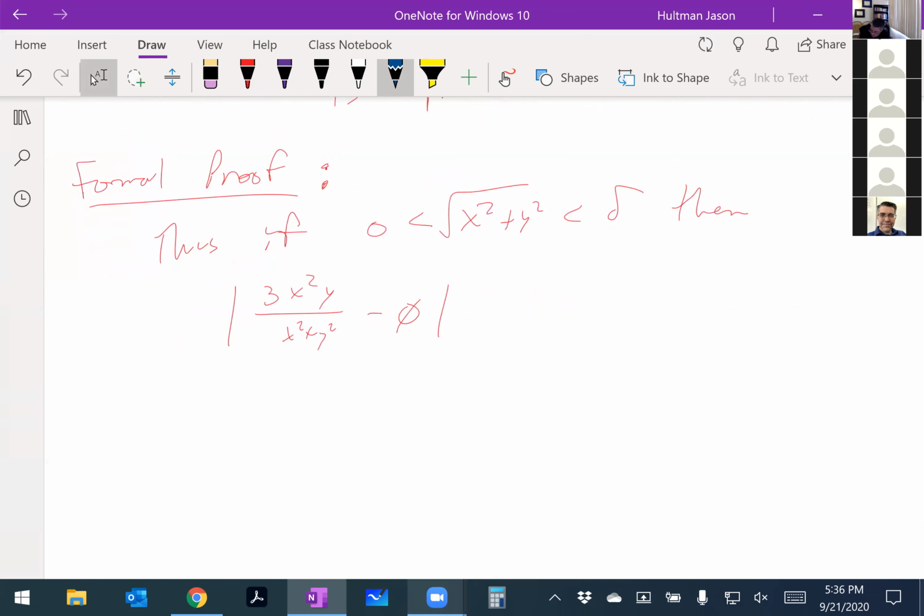Let's now go forwards in this. So what does this equal? We saw this was 3x squared absolute value y over x squared plus y squared.